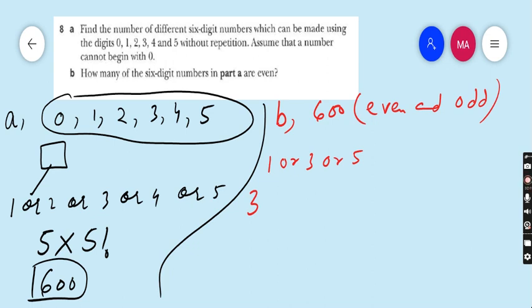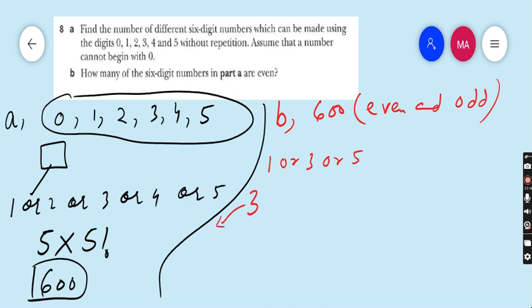Now we cannot put 0 in the last place, otherwise the number will be counted as even. So we have to make the last choice. For the last place, how many choices do we have? For the last place we will not put 0.